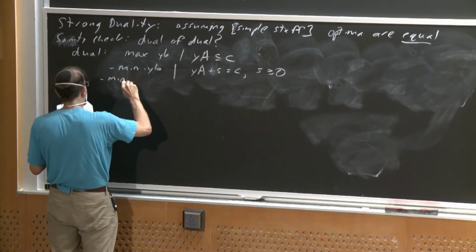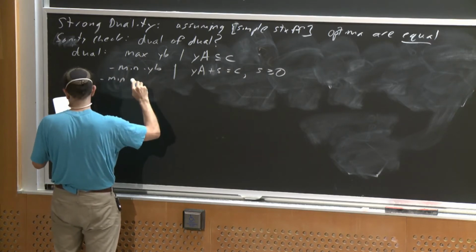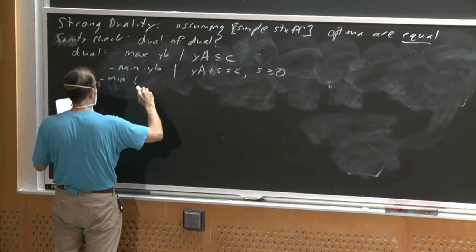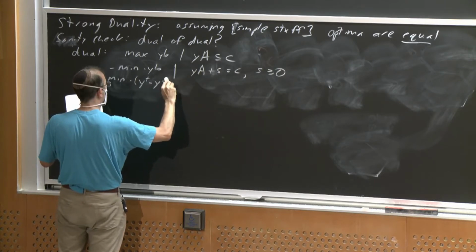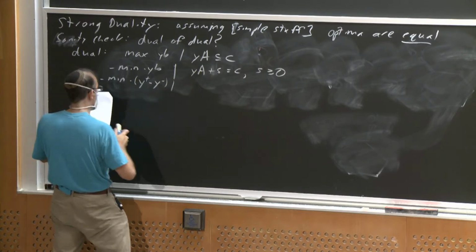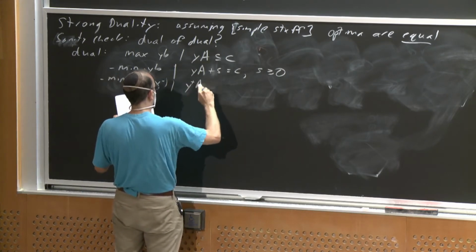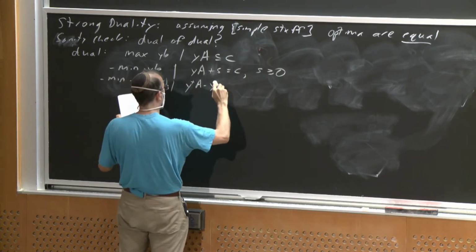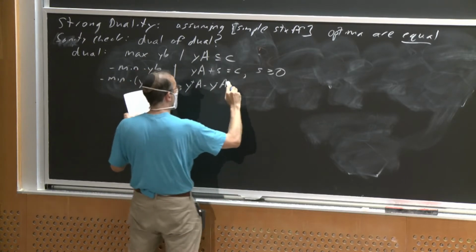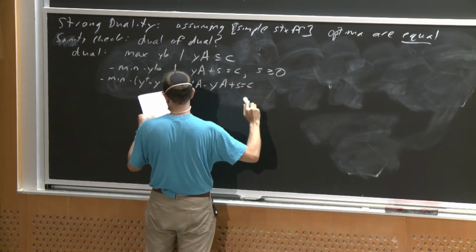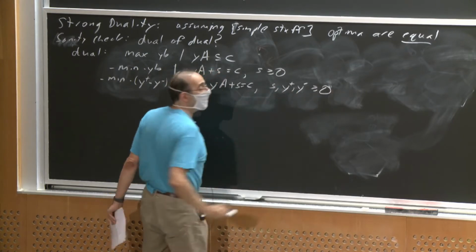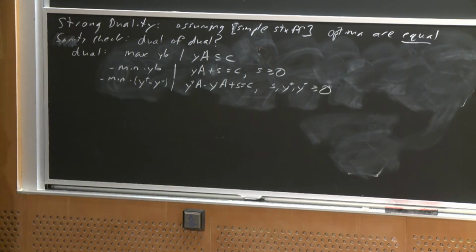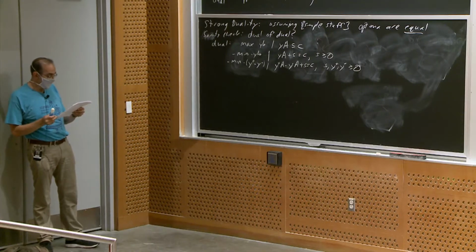So we write this as the positive parts minus the negative parts, such that the positive parts times A minus the negative parts times A plus s is equal to c. And now everything can be non-negative. So this completes the transformation into a standard form linear program.